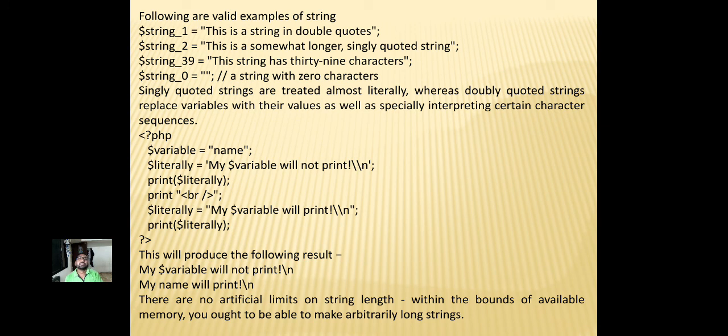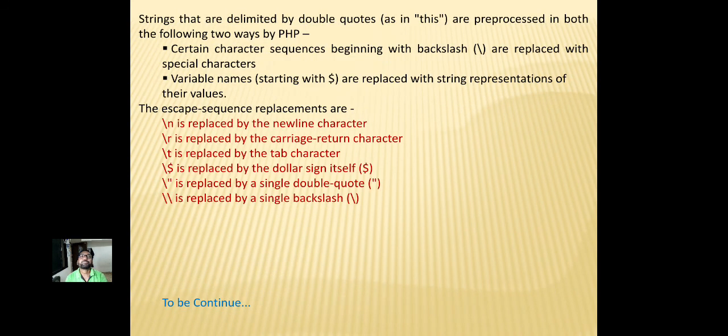There is no artificial limit on string length within the bound of available memory. You should be able to make arbitrarily long strings. Strings that are delimited by double quotes are pre-processed in both of the following two ways by PHP.